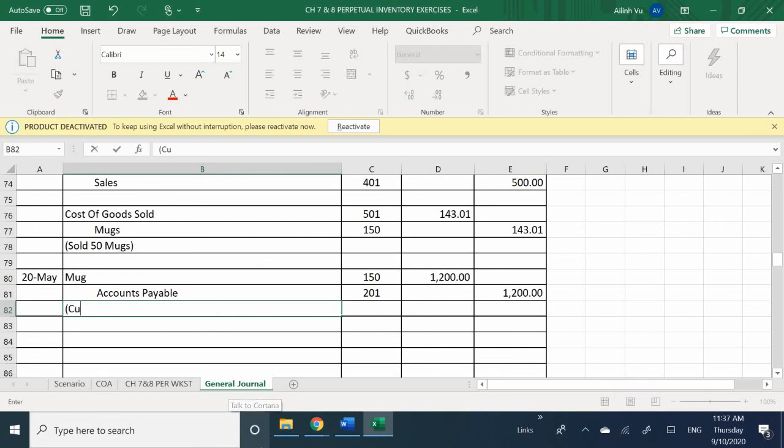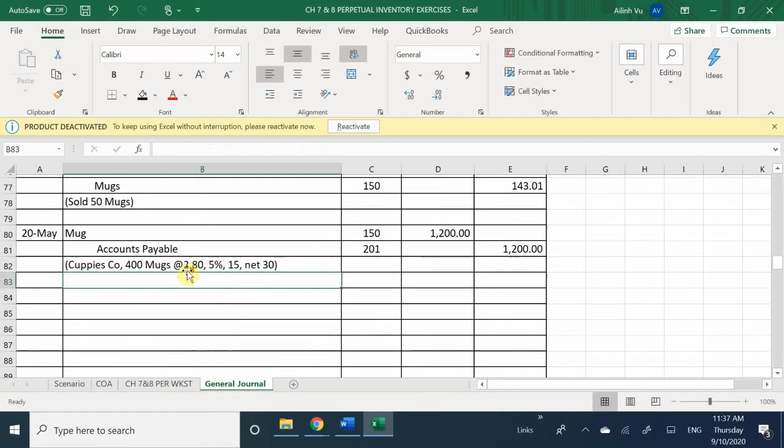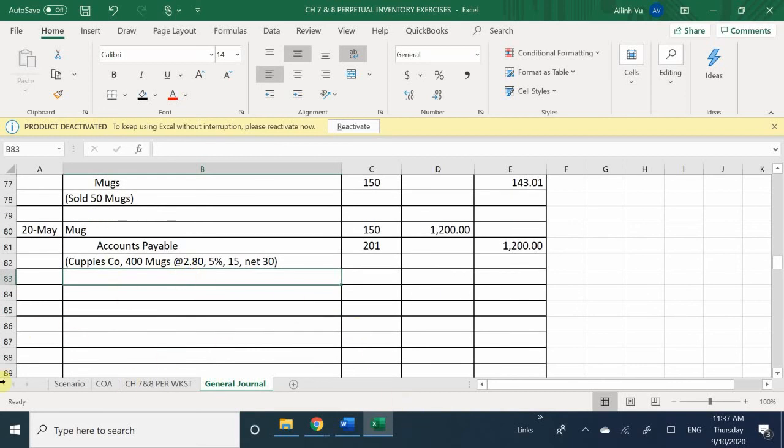We purchased from Cuppies Co. We purchased 400 mugs at $280. And we're going to receive a 5% discount if we pay within 15 days. If not, we need to pay in full in 30. Okay. We updated our inventory.